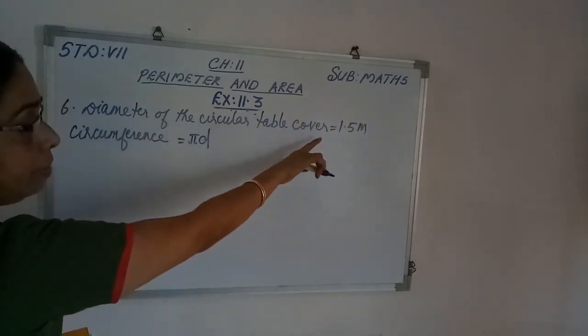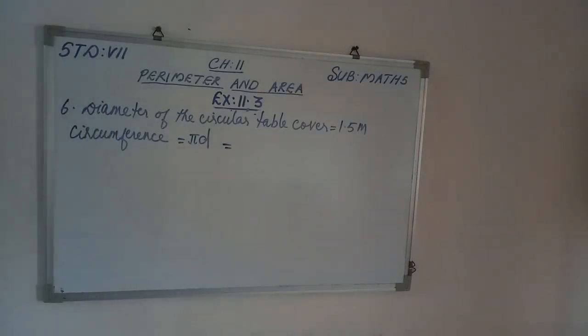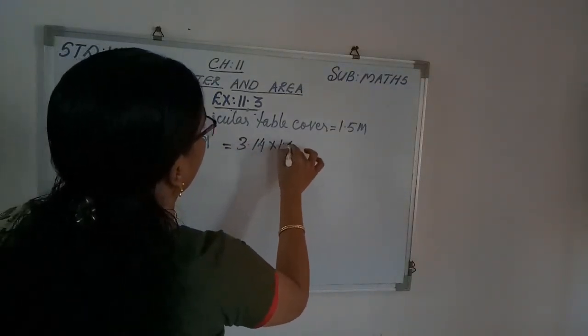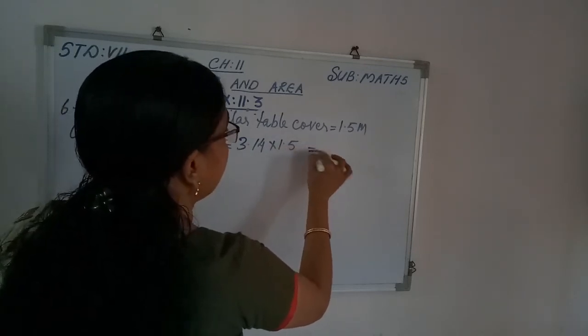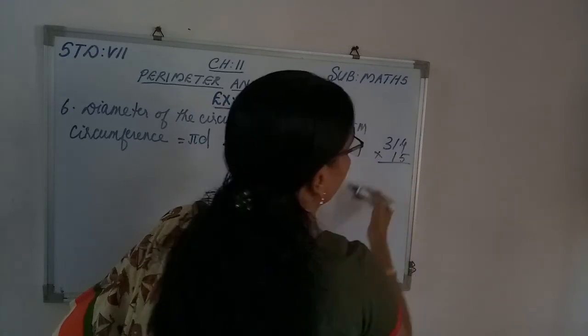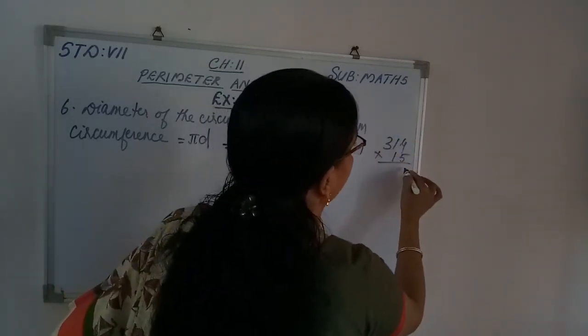As diameter is given, you can use this formula. That's equal to pi, you have to use 3.14, 3.14 multiplied by 1.5 meter. Multiply 3.14 with 1.5, so 314 you can multiply with 15.